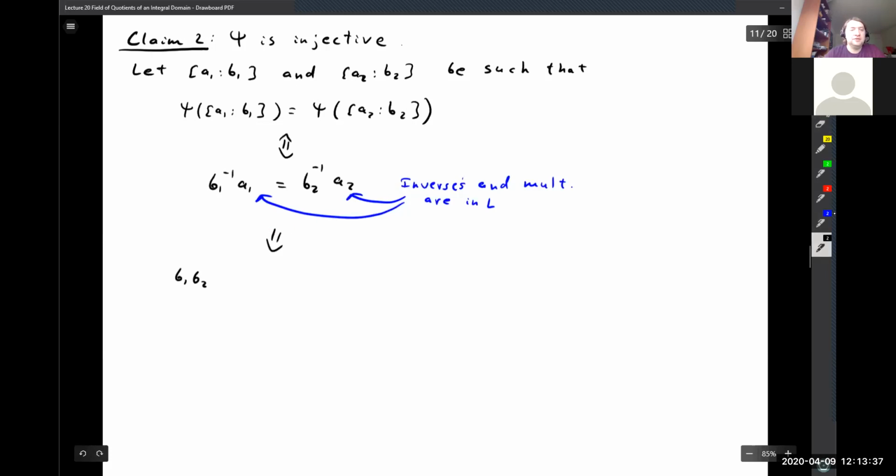This is still true because this is an integral domain. So B1 B2 B1 inverse A1 is the same as B1 B2 B2 inverse A2, right? Now canceling B1 with B1 inverse and B2 with B2 inverse, we get that B2 A1 equals B1 A2 in L.